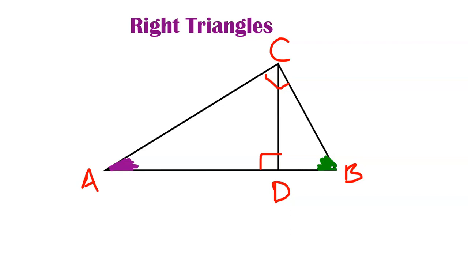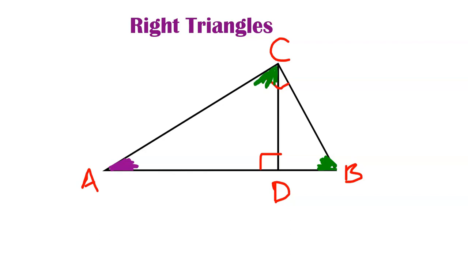And if we look now at triangle ACD, we can see that it has two angles that we know of. It has the right angle in red, and it has angle A in purple. That means if all of the angles add up to 180 degrees, the same way that they do for triangle ABC, where the angles are purple, green, and red, the remaining angle, angle ACD, must also be green.